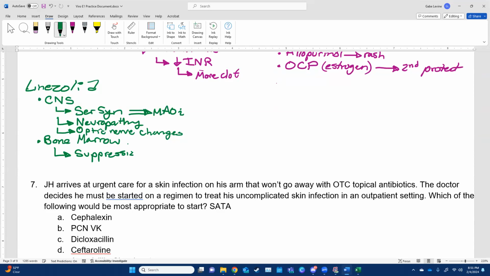What are the three kinds of cells that are created by the bone marrow? Red blood cells, white blood cells, and the platelets. What disease state results because you have decreased your red blood cells? Anemia. What about white blood cells? Neutropenia.